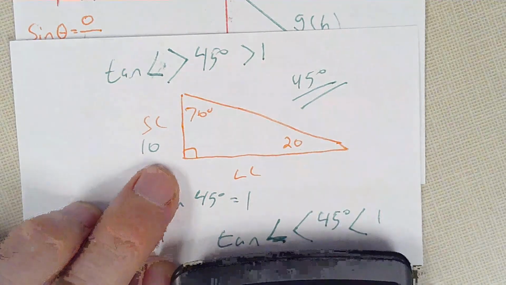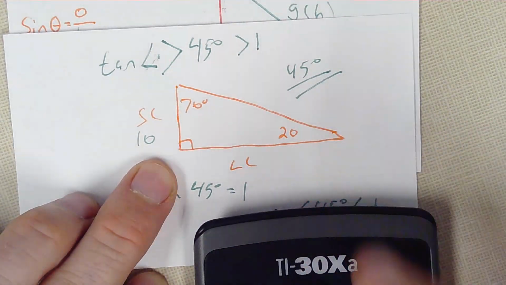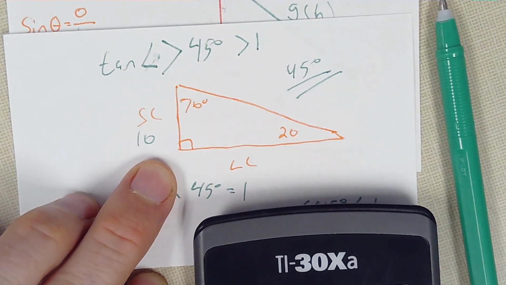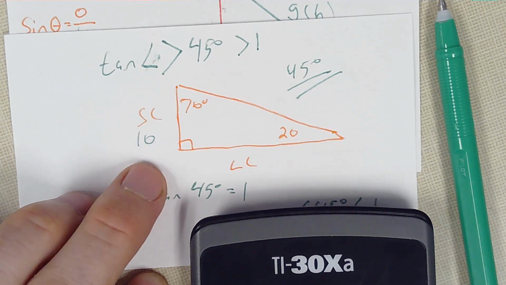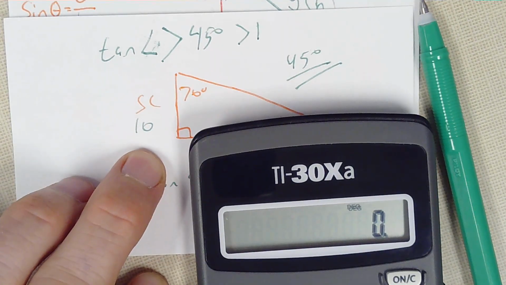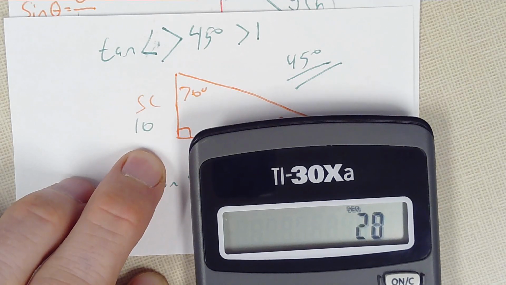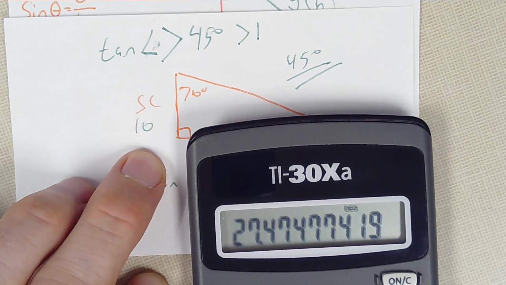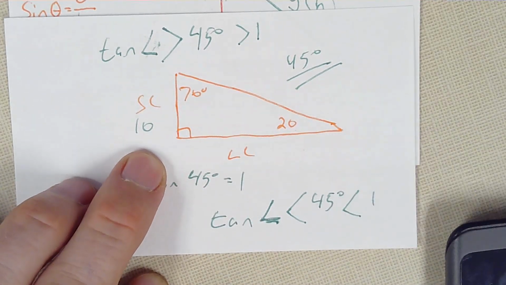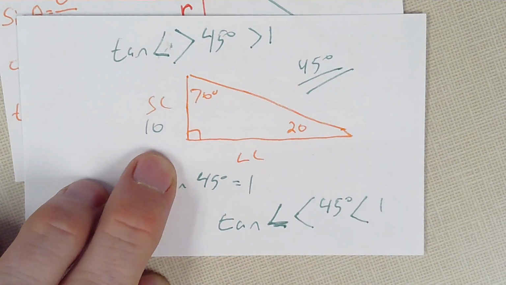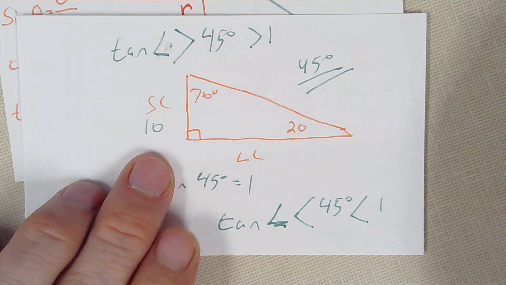But if I'm trying to figure out with the tangent of 20, I'm going to have to divide by the tangent of 20. So 10 divided by tangent of 20, that's 27.5, right? So that should help you figure out all that stuff.